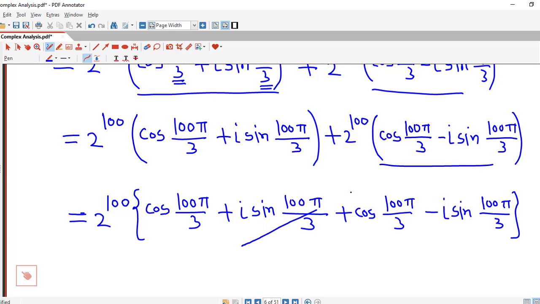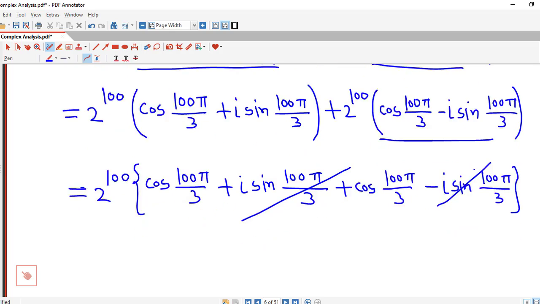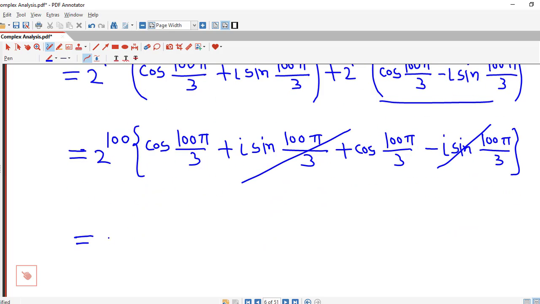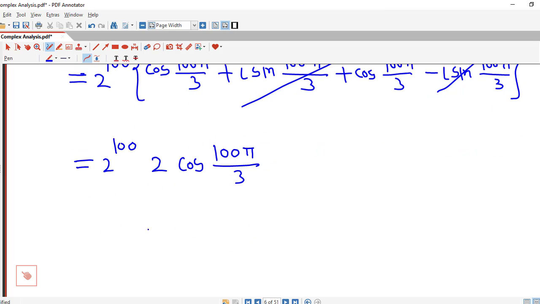So you can see this will cancel out, and we have 2 times cosine of 100π/3, so 2^100 into 2 times cosine of 100π/3. Now 2^100 into 2 is nothing but 2^(100+1), that is 2^101.